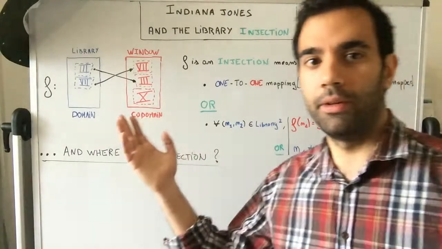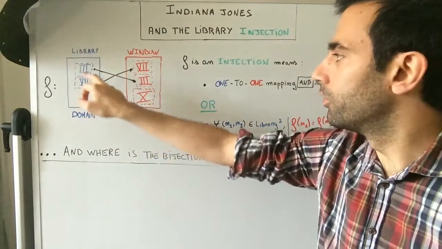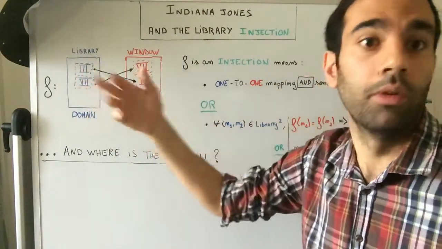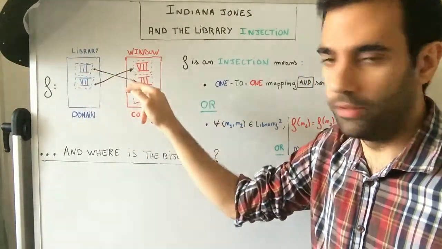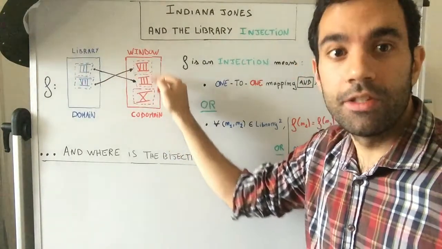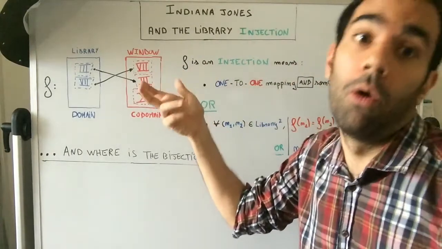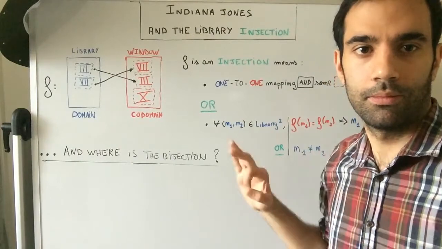Very easy to explain in that case, because if I take 2 numbers in the library, 3 and 7, and they're different, I end up, if I take the image in the window, so 3 is that guy, 7 is that guy, with images that are different as well. 7 and 3 there are different. Injection. Done.